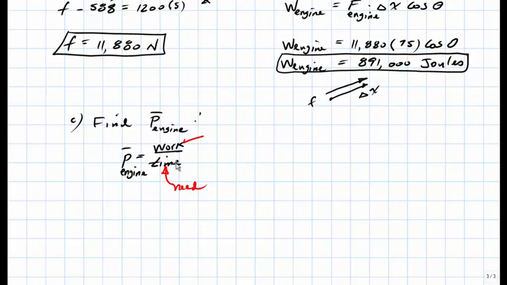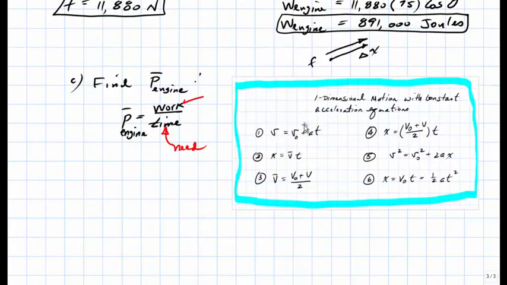So now we have the question, how do we determine the time required for the engine to propel the automobile towards the top of the incline? Well, it turns out that the car is considered to be an object moving in one dimension, and therefore we will use the 1D motion equations in order to determine the value for time. So let's take a look at those equations.